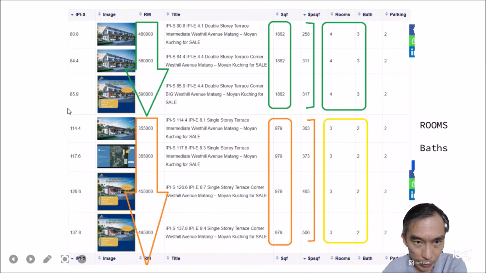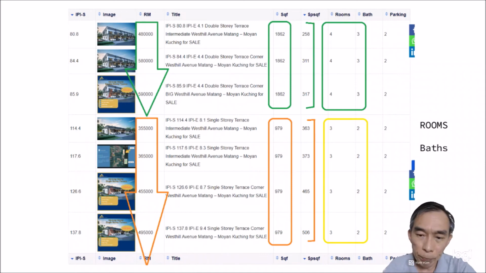Therefore, you are buying actually at a lower IPI. Single story for the same cost, almost 500,000, you are actually reaching 137 IPI compared to the 80.8 IPI for double story. So this is because the benefit of rooms and baths gives us this measurement.